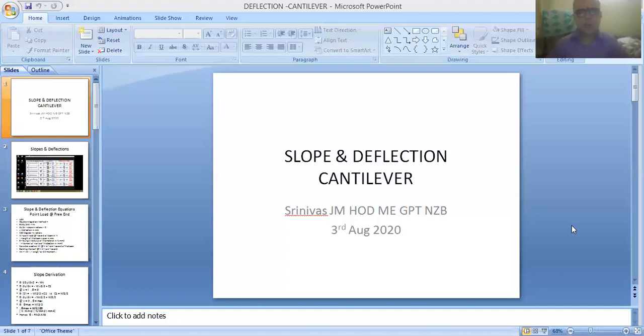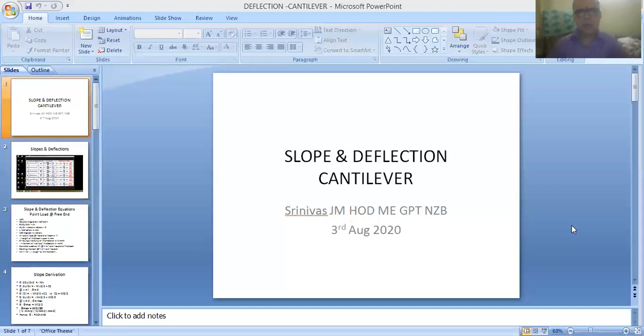In this section, we are going to discuss the calculations of slope values and deflection values in the case of cantilever beams.